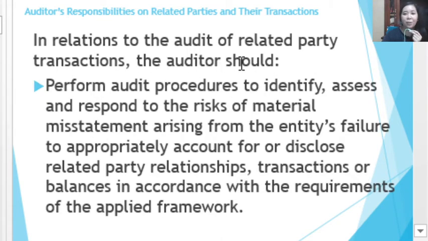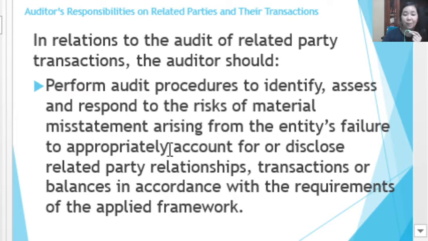In relation to the audit of related party transactions, here are the responsibilities of the auditor. First, the auditor will perform audit procedures to identify, assess, and respond to any risk of material misstatement that may arise from the entity's failure to appropriately account for or disclose its related party transactions, relationships, and balances, in accordance with the requirements of the standard or of the applied framework.